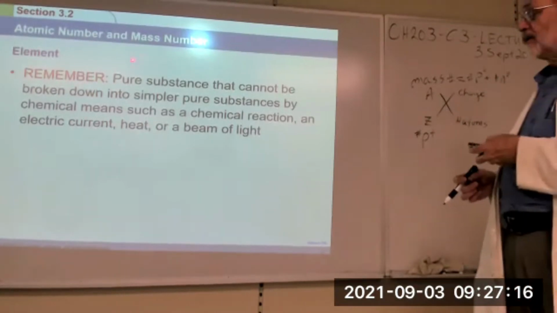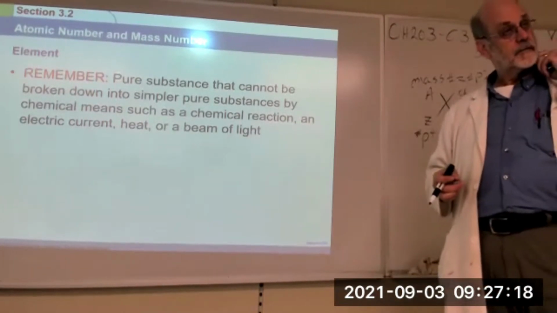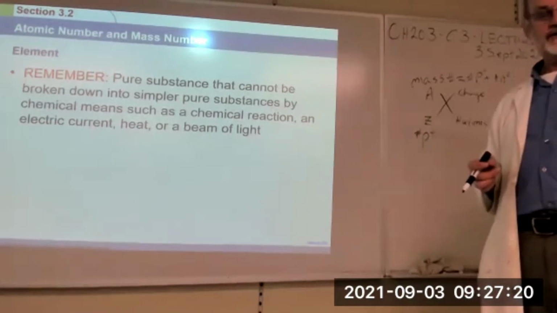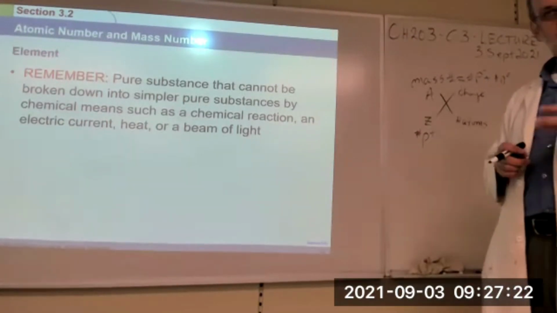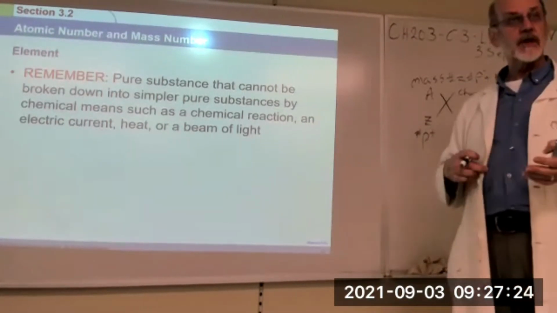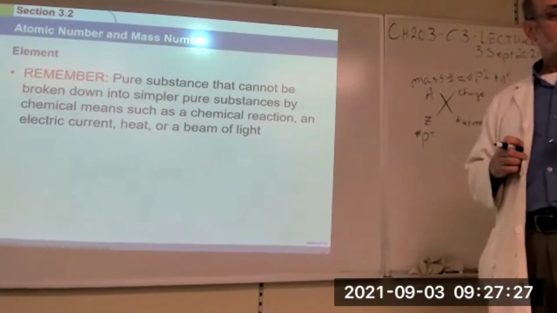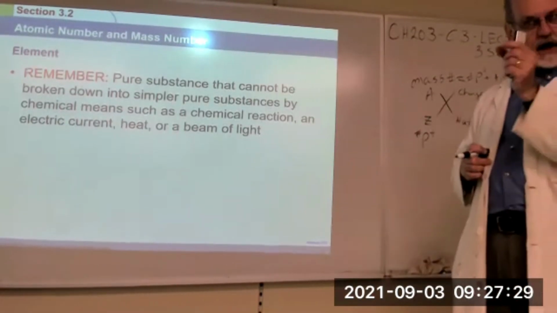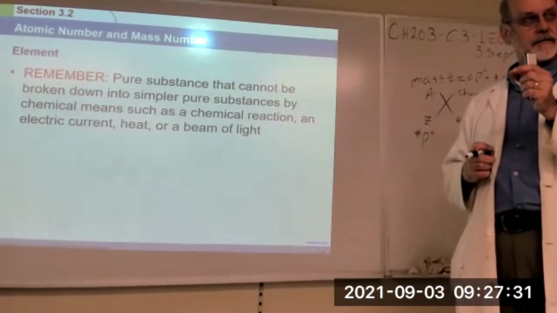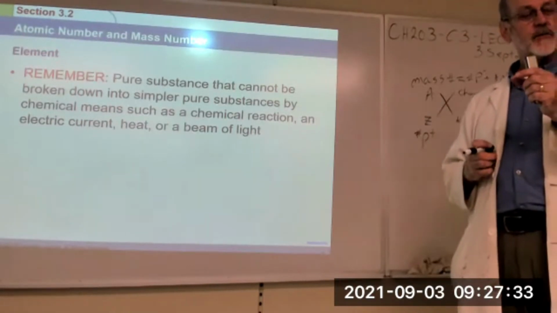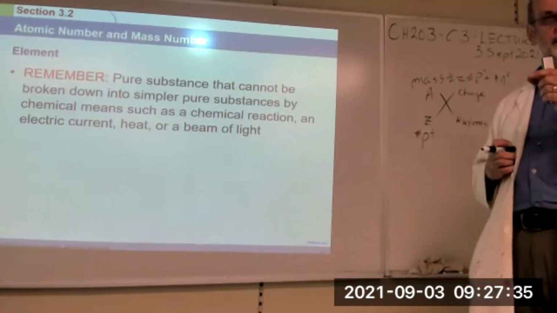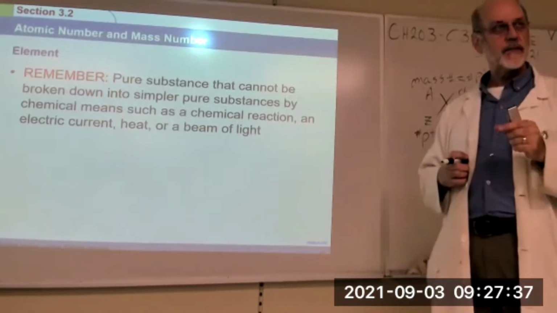Now this goes for elements and it also goes for compounds. Water, for instance, is a compound of hydrogen and oxygen. Well, it's a pure substance because the only way you can get at the hydrogen and oxygen is by chemical means. Physical means will not separate those two. So it's considered a pure substance.